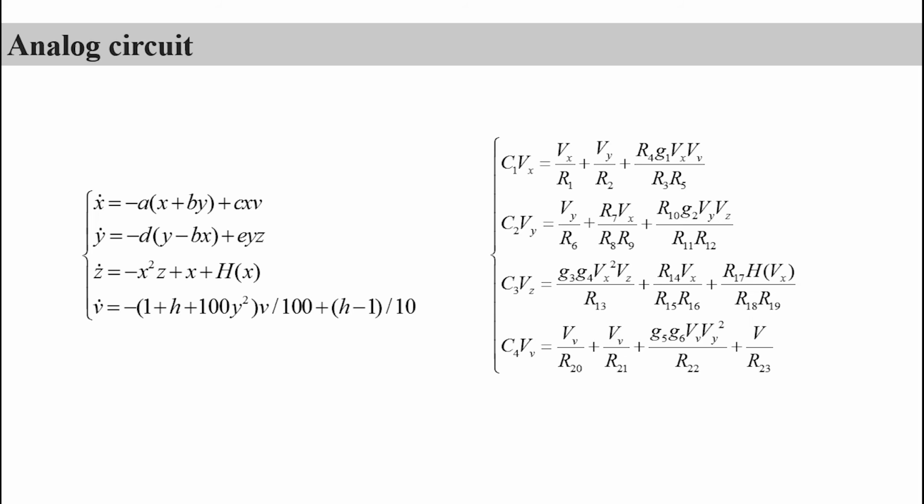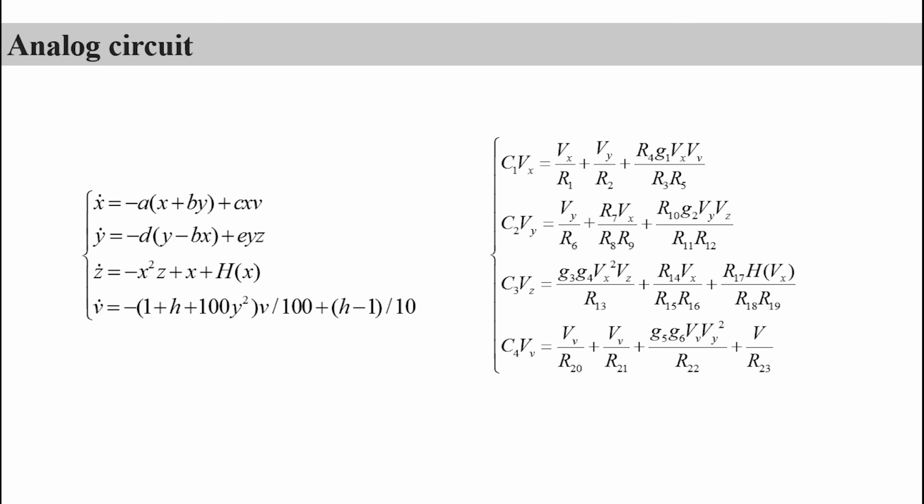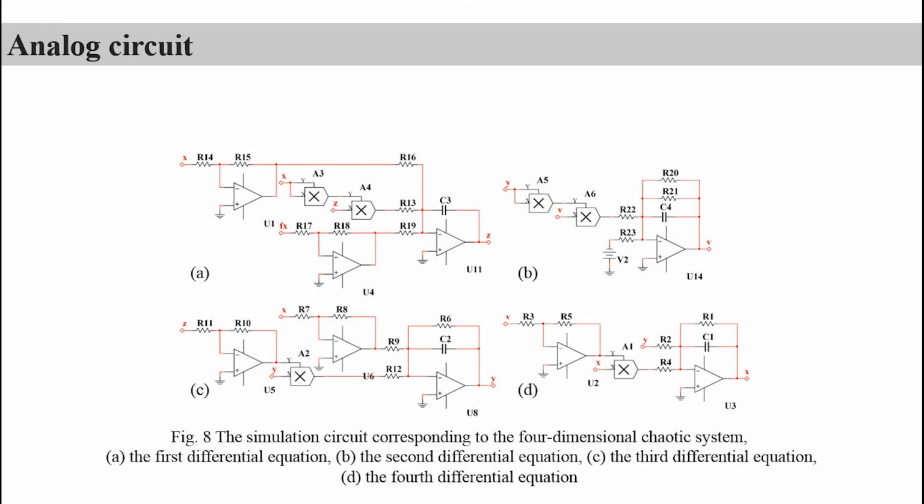Dimensionless Formula 13 to obtain the equation system shown in Formula 14. The first and second differential equations in the equation system are coupled with each other, corresponding to the two sets of circuits in Figure 8, A and B. The piecewise linear function is added in the third differential equation.